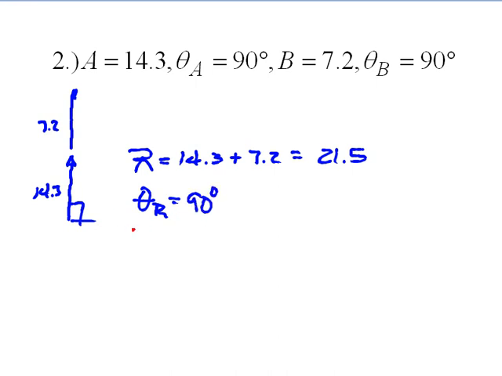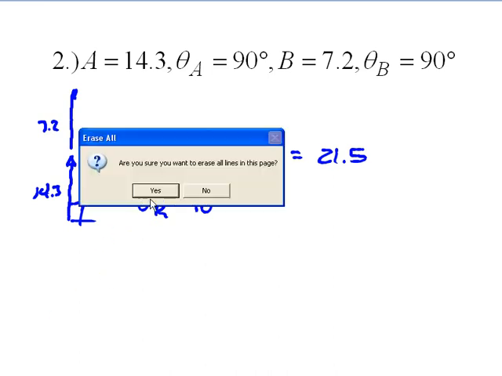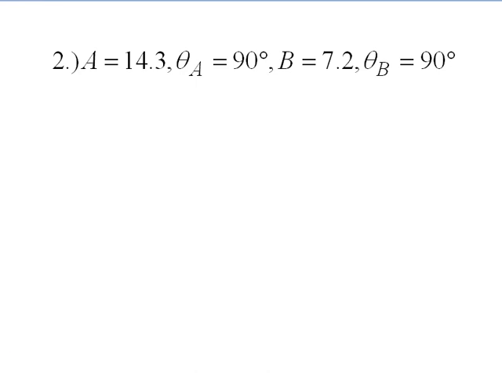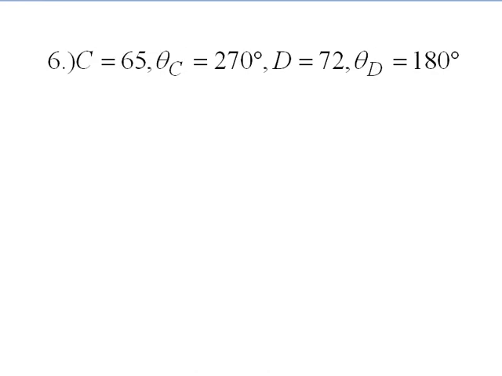Now we're going to start getting into angles that are not perpendicular and horizontal so that we can start changing into components. Let's see where we go. Okay. This is still similar. We have angle C, which is, that's not right. 270 degrees is down, isn't it? It's straight down.